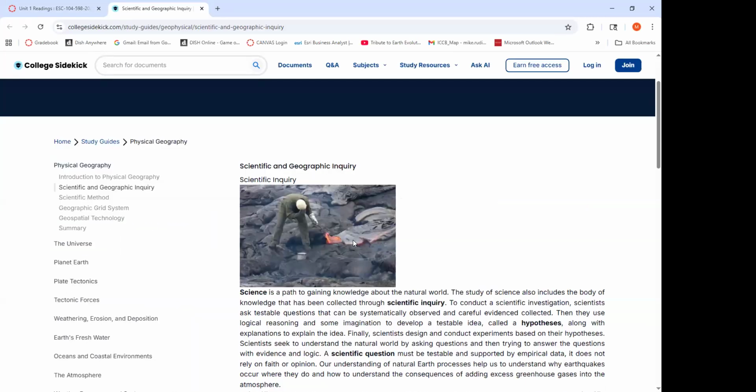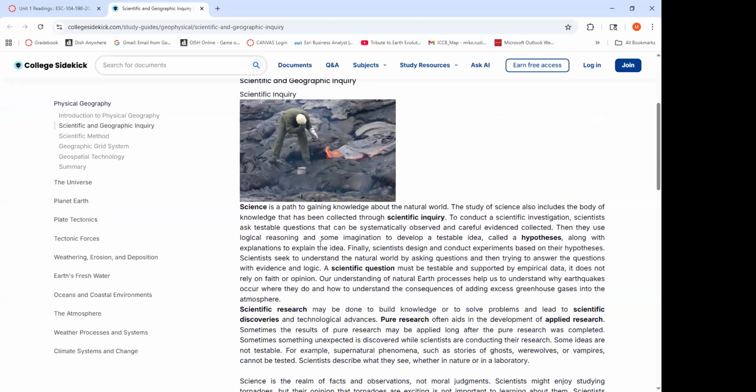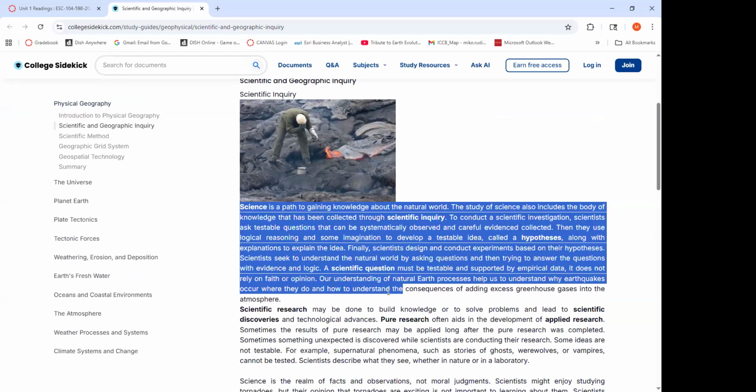Topic 2 is learning about science and geographic inquiry, where, in this class, we really want to understand the scientific method. We had an activity where we were going to use the scientific method on understanding plyometric exercises, and I decided to cut it, but I still want you to look it over.